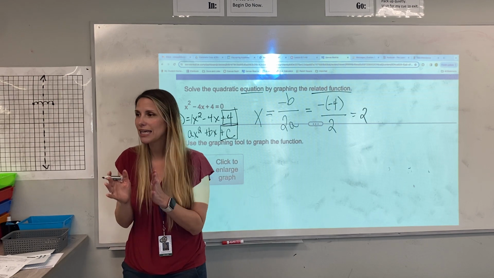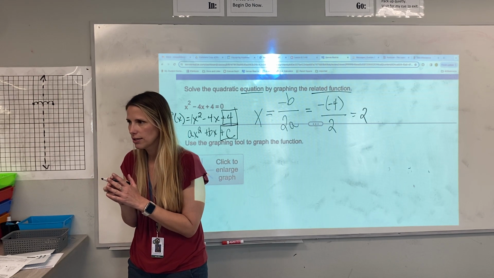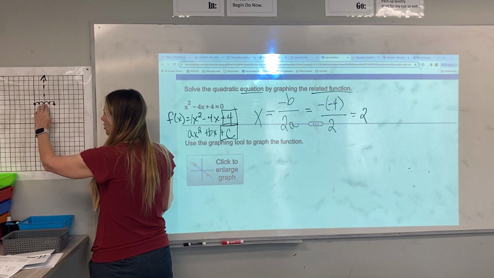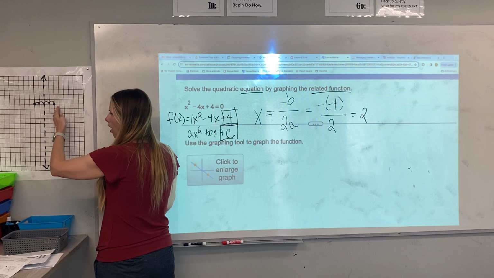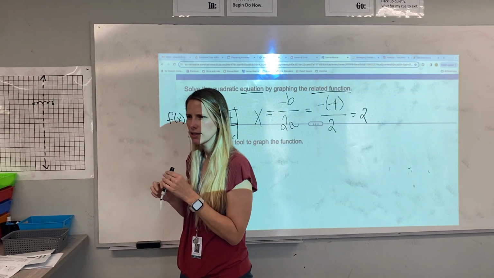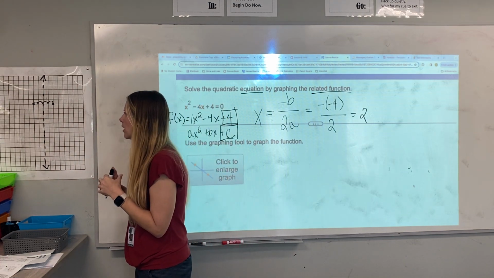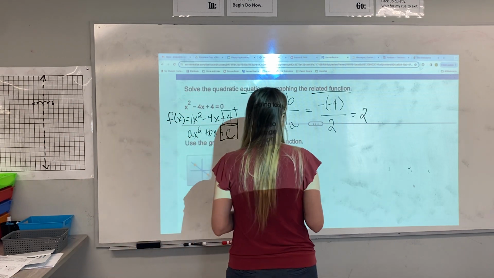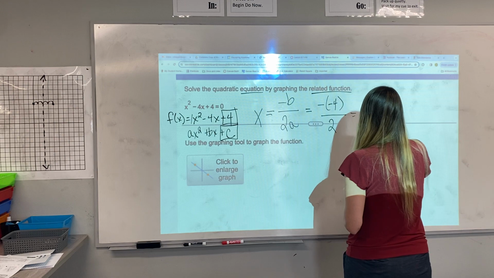A parabola is symmetrical. The other point will be the same distance from the axis of symmetry on the other side. Do you guys get that? You do get it? Okay. I'm still missing my vertex though, so I'm going to use my axis of symmetry, x equals 2.